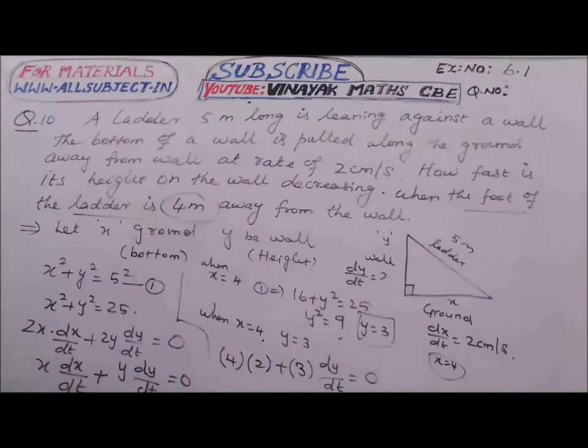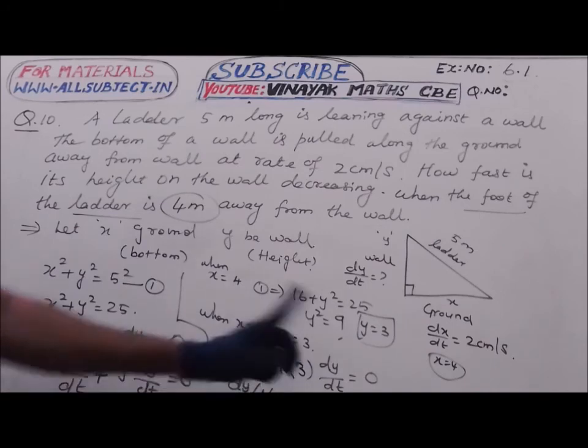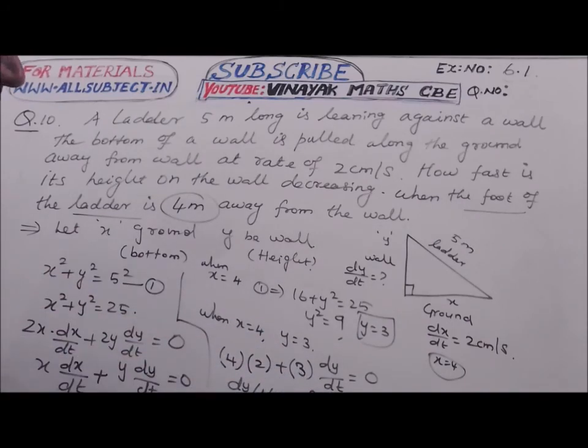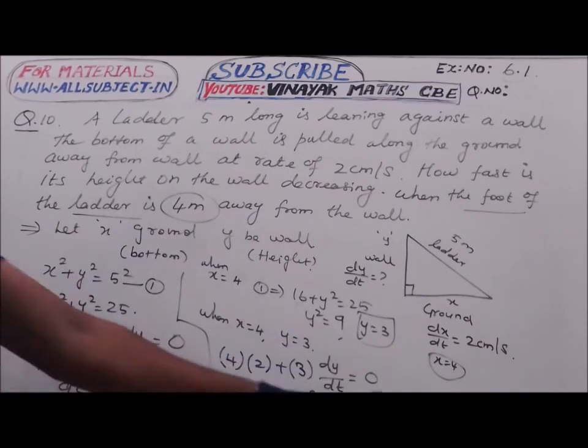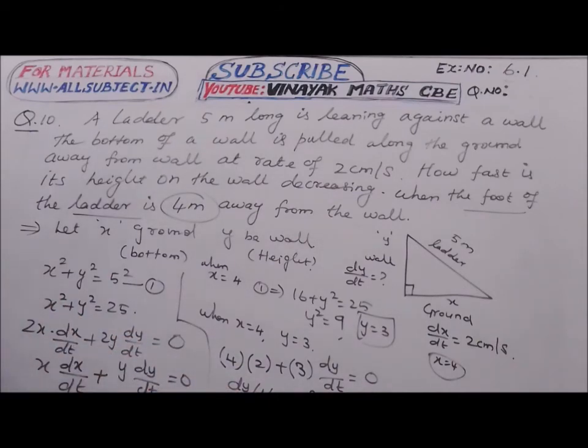Now 8 plus 3 dy by dt equal to 0. So dy by dt equal to minus 8 divided by 3. Moving 8 to the right side it is minus 8, so minus 8 by 3.